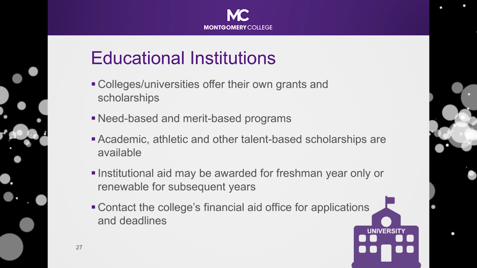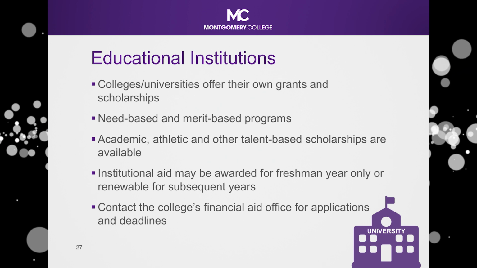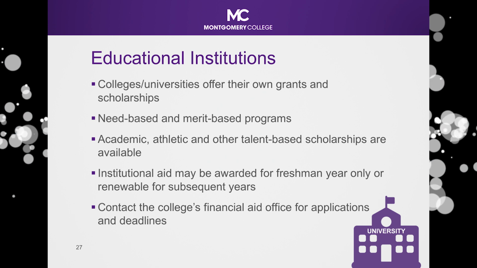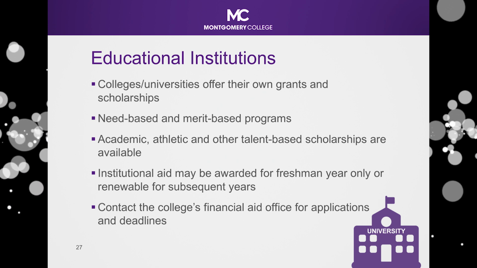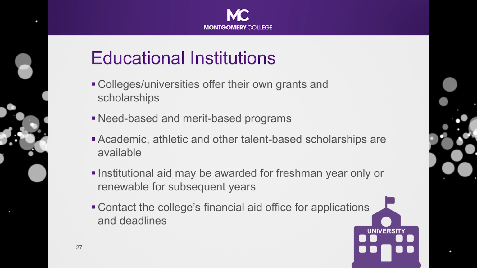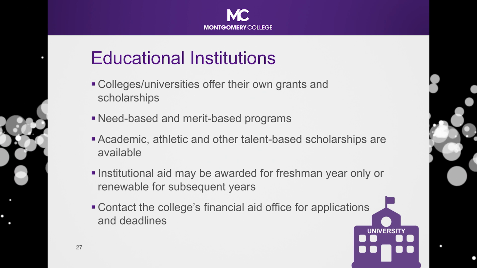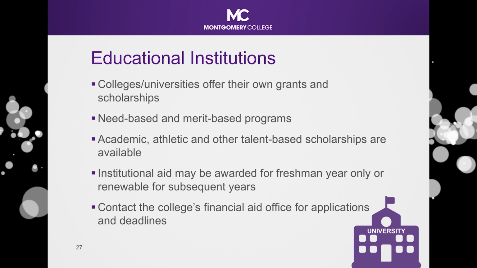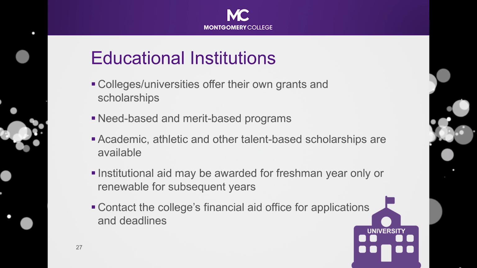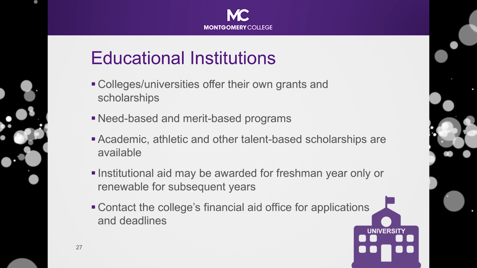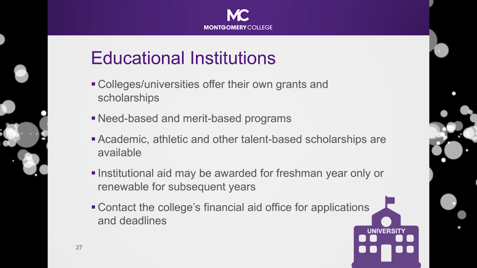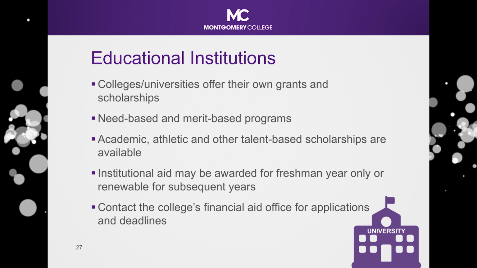One thing you need to be careful about is to make sure, if it is a scholarship that is only offered your freshman year, that you know that. You always ask, is it renewable? And if it is renewable, what do you have to do to keep it? If there's one that's only for freshman year, are there others that you can get as you become a second or third year, fourth year student?